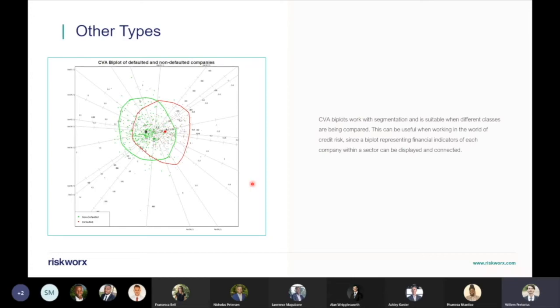So this entails transforming the observed variables into canonical variables or the means to canonical means. However, the mathematics is a bit complicated, and I'll leave it to those that are interested, because it gets very complicated, especially when you have to start proving how these CVA biplots are constructed.